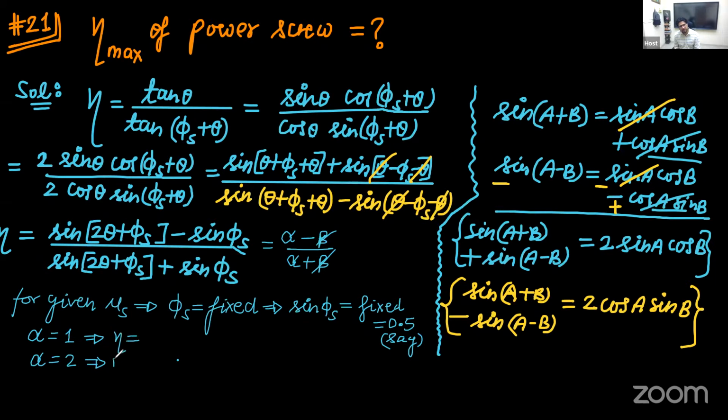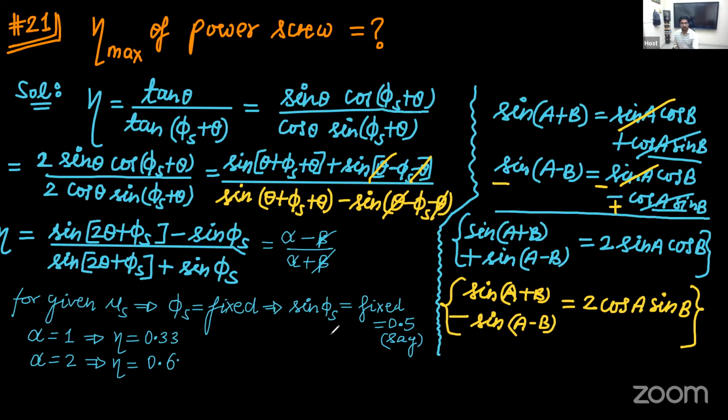With alpha equal to 1, the efficiency is (1 minus 0.5) upon 1.5, which is 0.33. With alpha equal to 2, it is (2 minus 0.5) upon (2 plus 0.5), so this time the efficiency is 0.6.